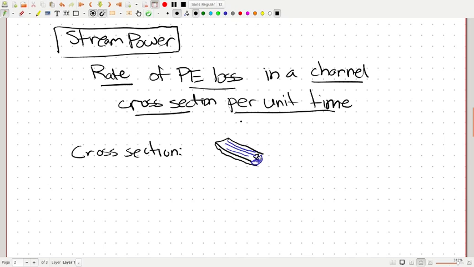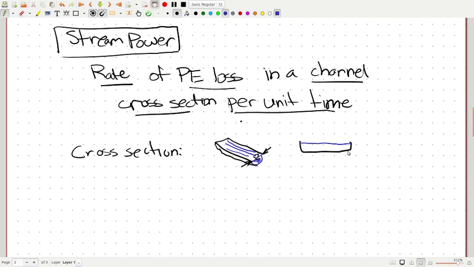All right, so here's a river channel, and the cross-section is this thing right here. It's at a single point downstream. You have this width and depth, and so the cross-section would look something like this, where we have this flat water surface over it.